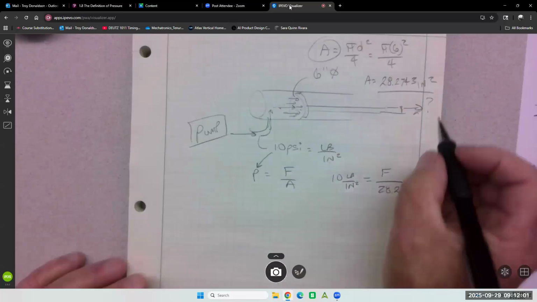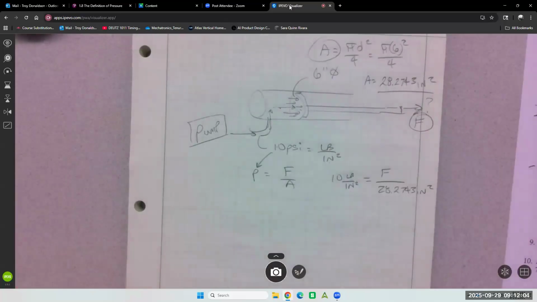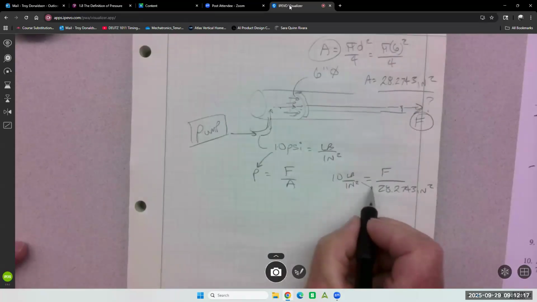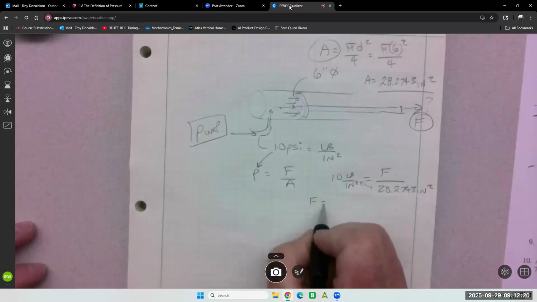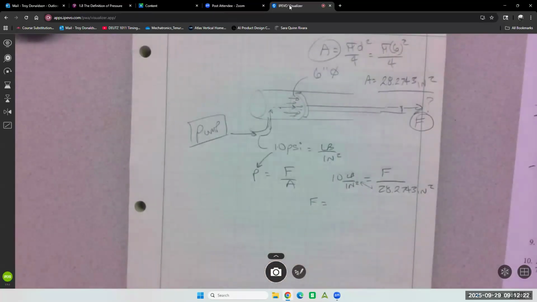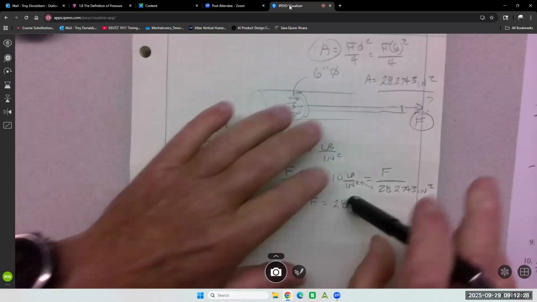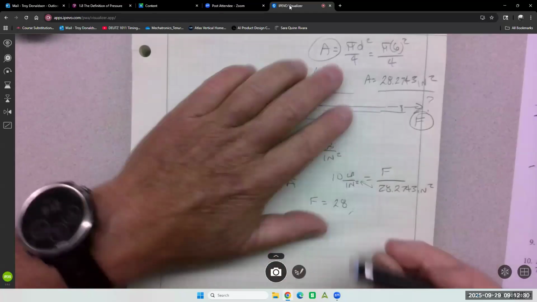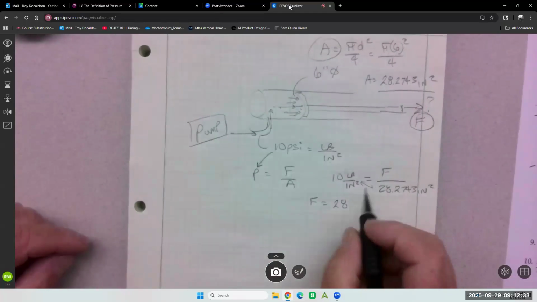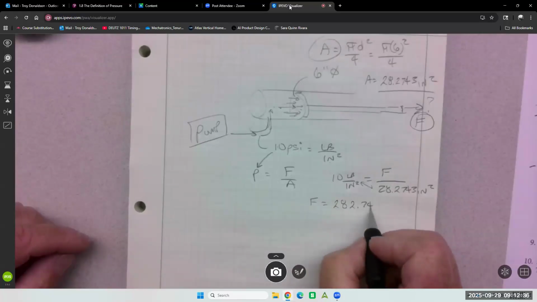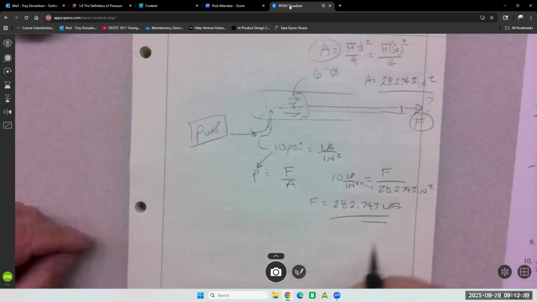We want to know force, F. How do we get it? Algebra. Solve for F. That's just a straight multiplication. F equals, not 280, 282.743 pounds.